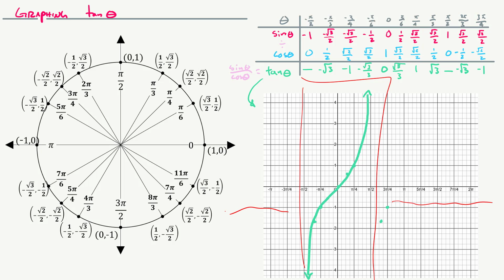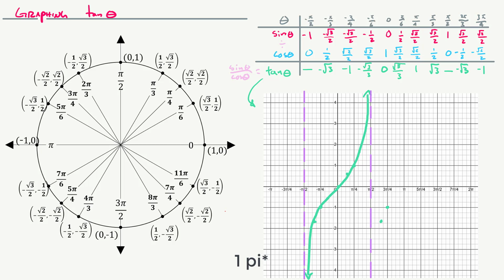But you just copy paste this thing a bunch of times because the period for tangent is actually 1 pi. These vertical asymptotes are because of these undefined sections, right, that we're getting. Anytime you get 0 in the denominator for some kind of division function like tangent, you typically get these things called vertical asymptotes.